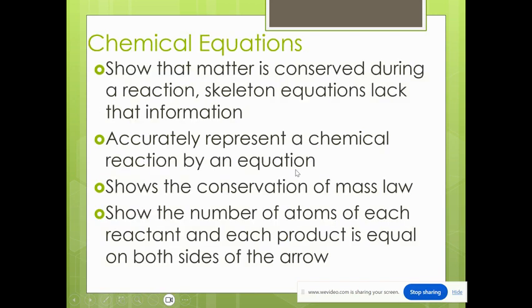All right, chemical equations. They are going to show that matter is conserved during a reaction. So we start out with a skeleton equation that lacks that information. Then we go through and we follow the conservation of mass law. And we do that by making sure that our reactants and our products are equal on both sides of the arrow.